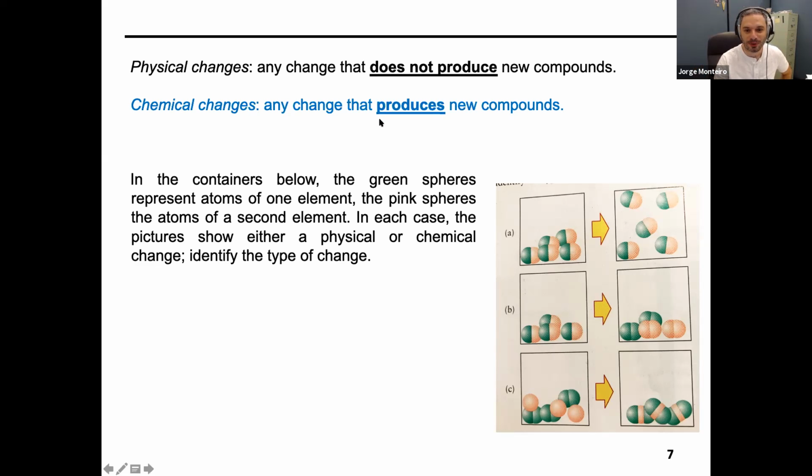Okay, so let's see. Most of you are saying we have physical, chemical, and chemical change. Let's see. Okay, so seems like we can solve the problem.